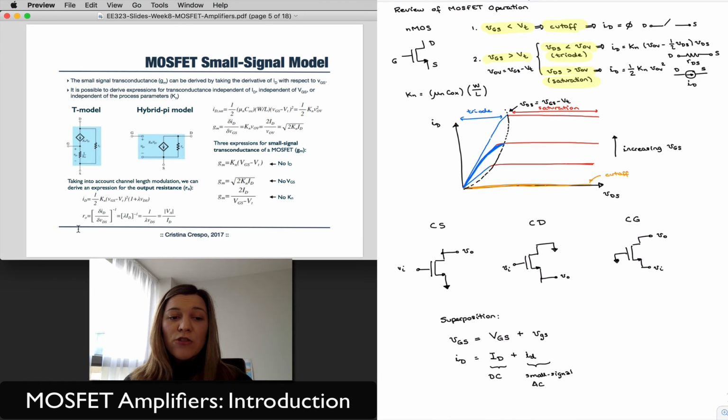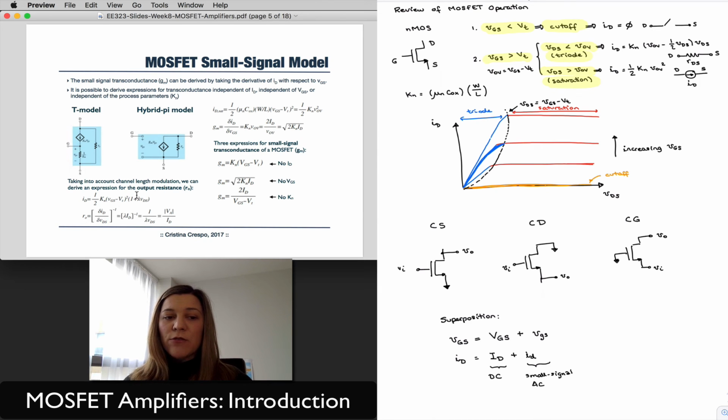And so if you want to calculate your output resistance, the rate of change of current with respect to voltage will have units of conductance, not resistance. So if you take the inverse of that, the inverse of the output conductance will give you the output resistance.